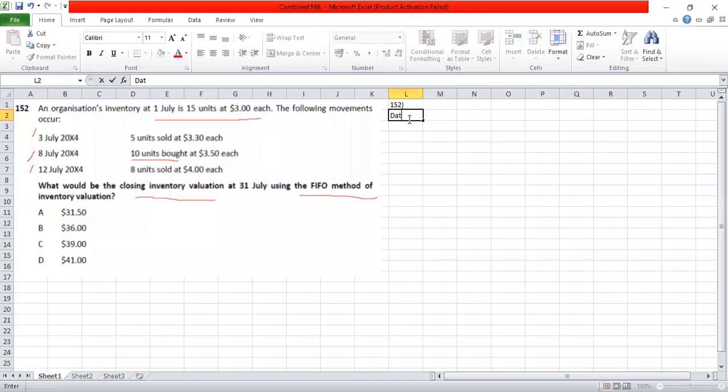So I'll just show you the method, date. Then we see that on the first date, that is 1st July, 15 units are there on hand.